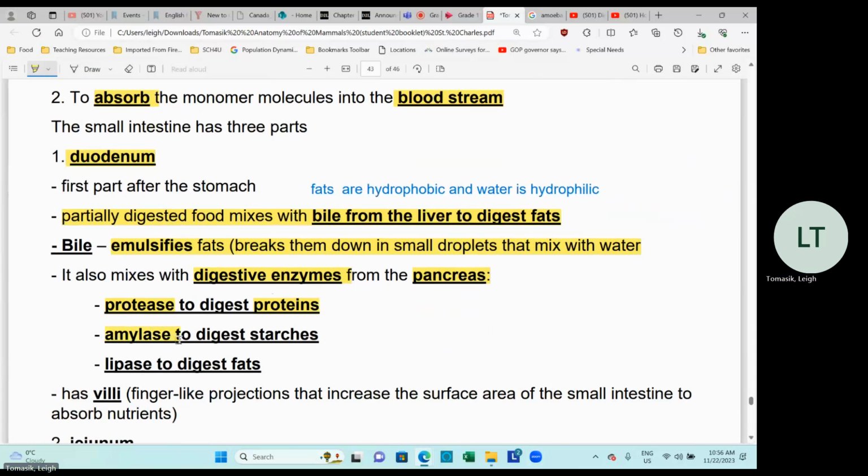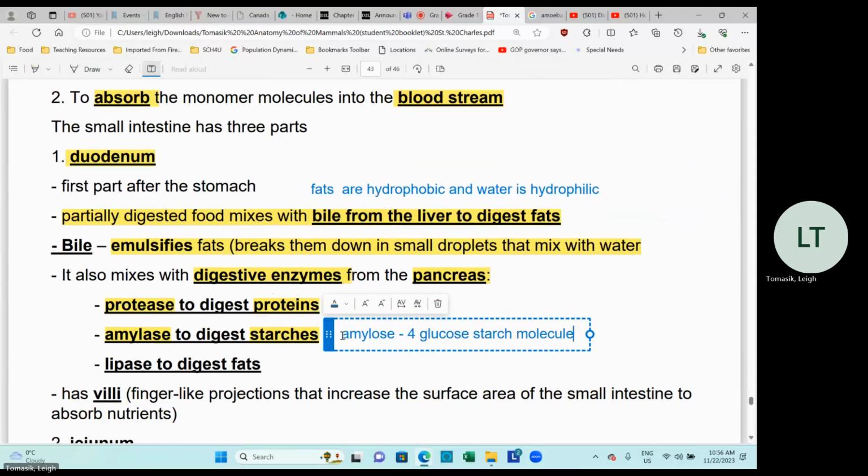Amylase will allow you to digest starches, right? Amylose is a 4 glucose starch molecule, a polysaccharide. That's the one that we saw in our gizmo that had 4 glucoses.